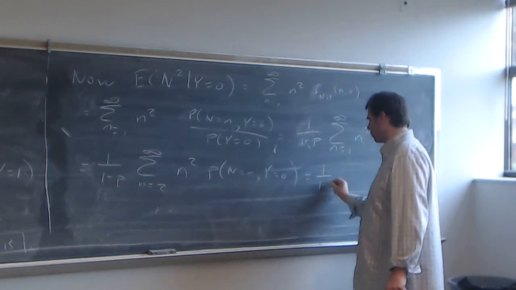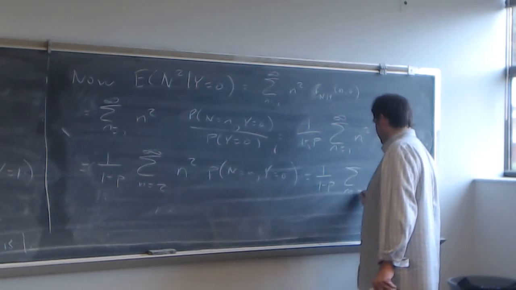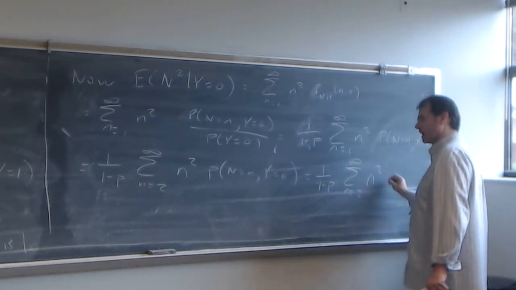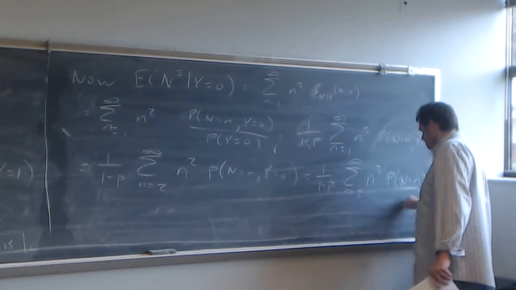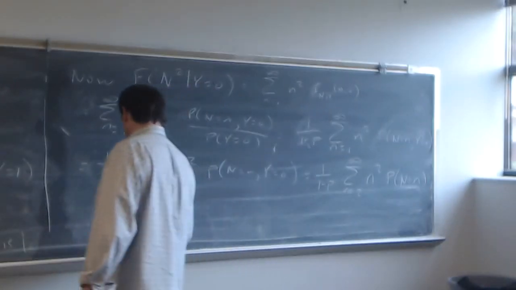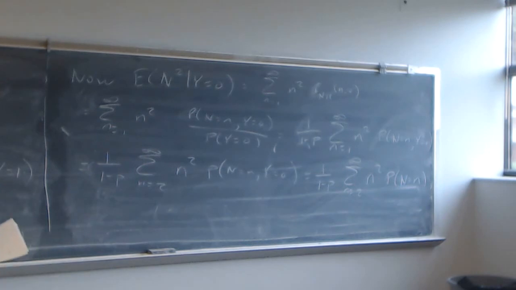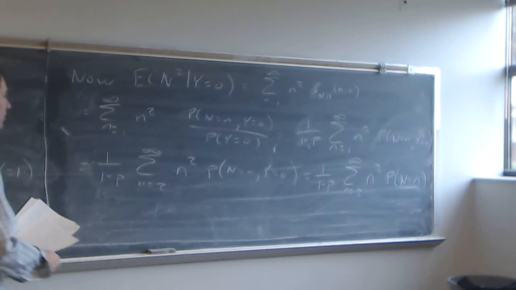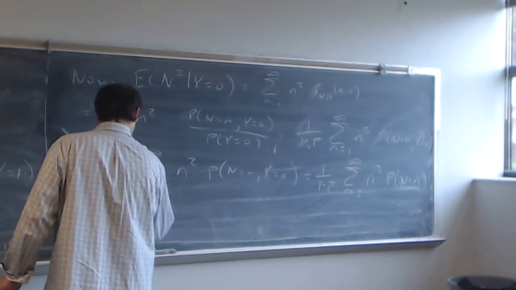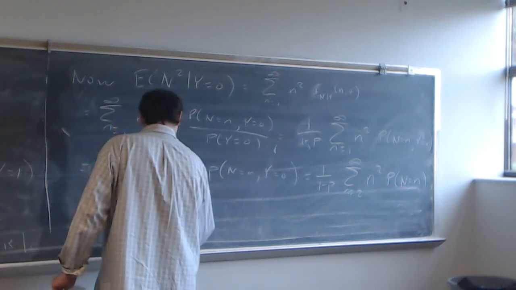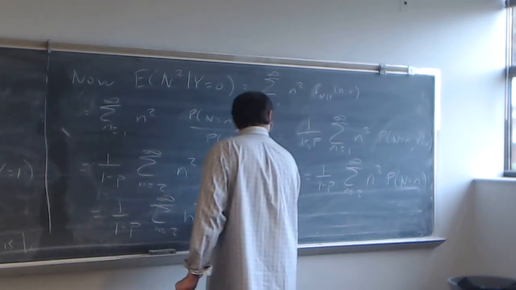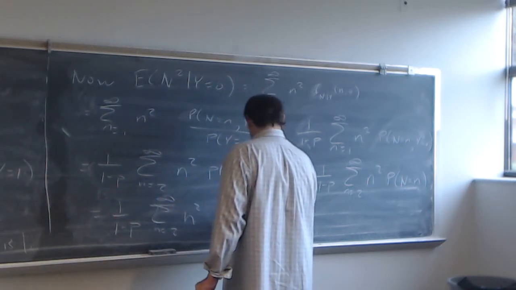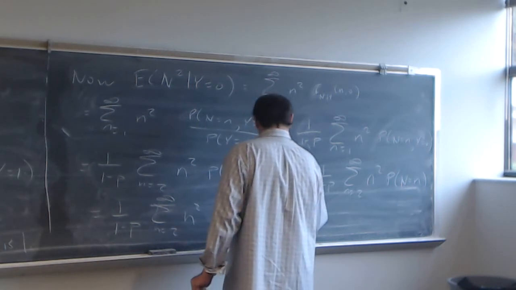So this is 1 over 1 minus p times the sum as n runs from 2 to infinity of n squared times the probability N is equal to n. I can calculate that probability. That's p, the probability of success, times 1 minus p to the n minus 1.